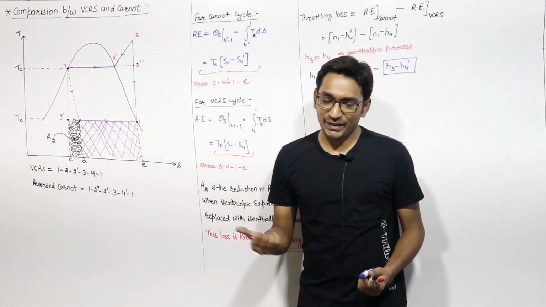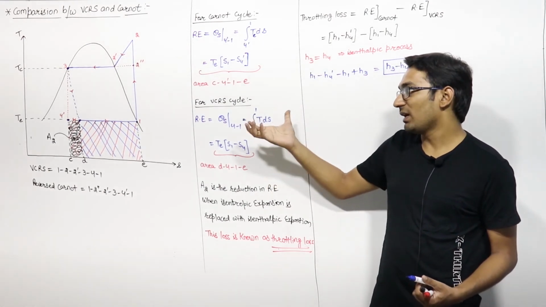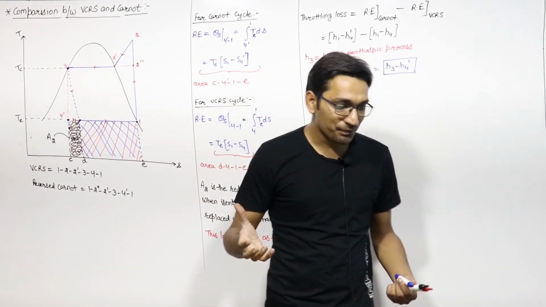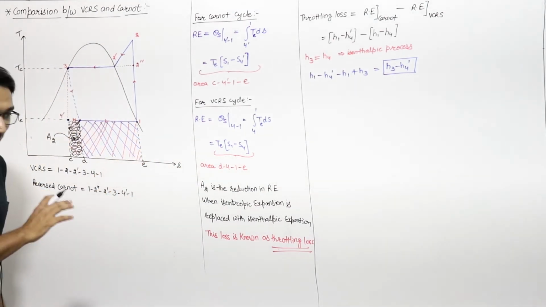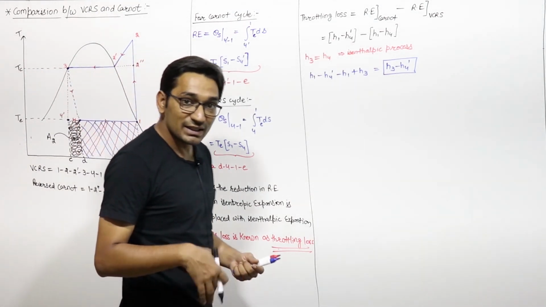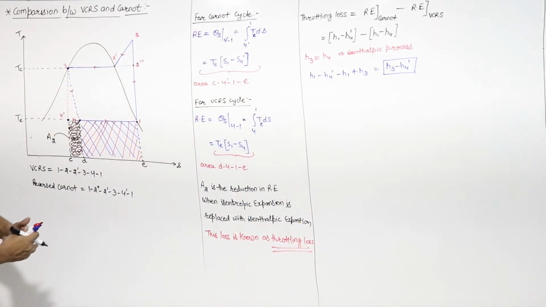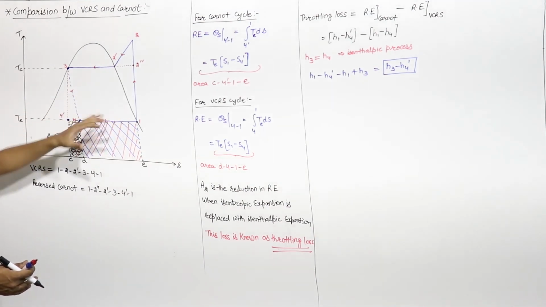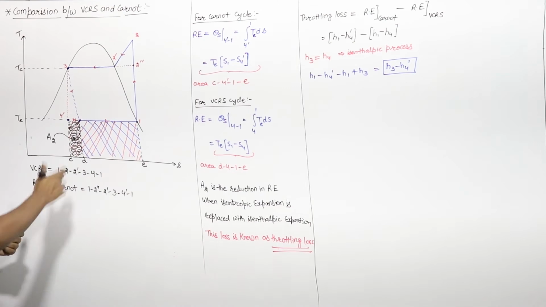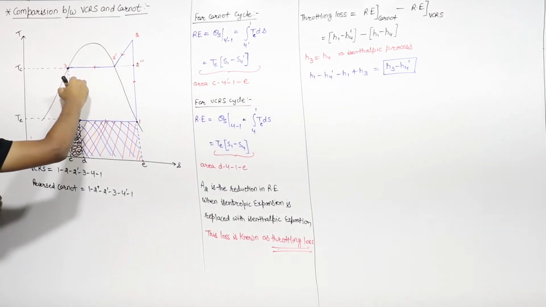From here you can easily find out one thing: this loss in the refrigeration effect increases as the evaporator temperature decreases. If the evaporator temperature is decreased, then this loss will increase, because this will be a straight line going like this.